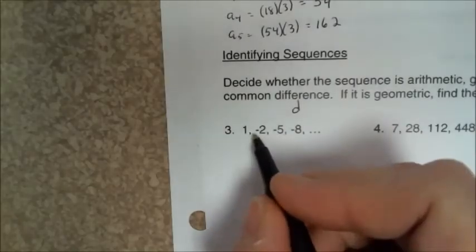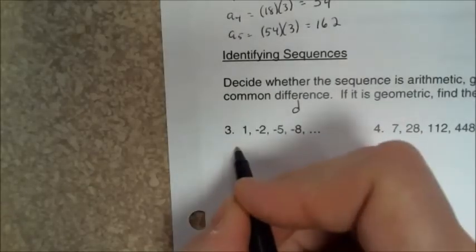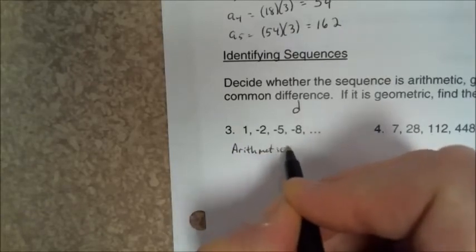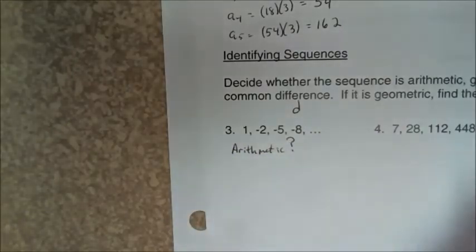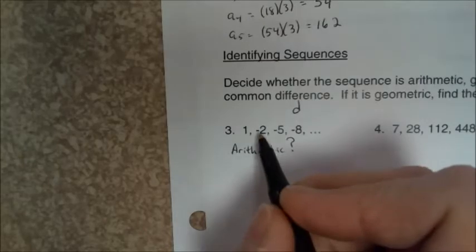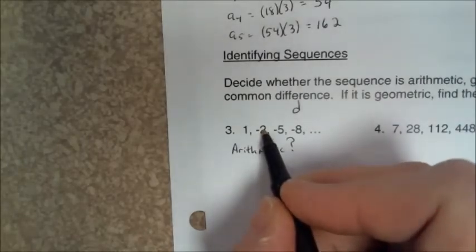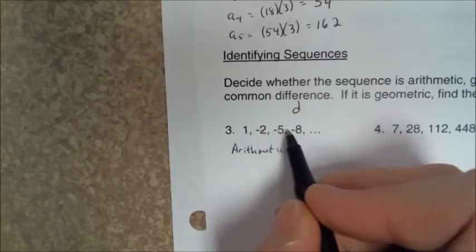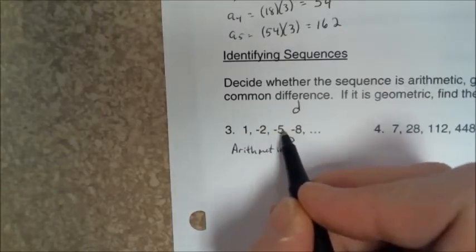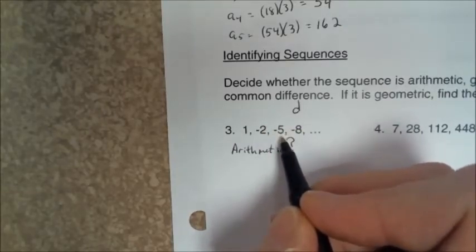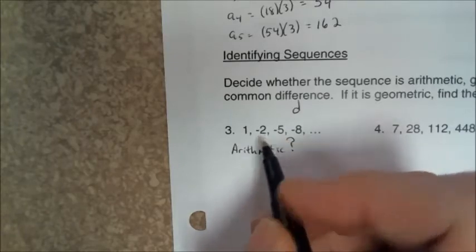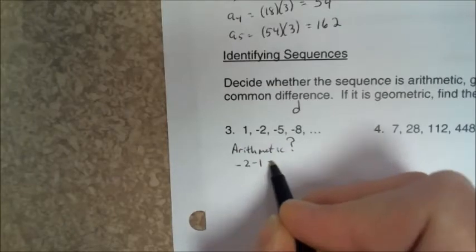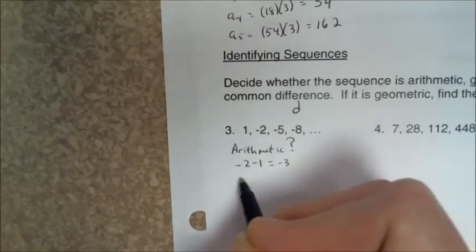Okay, so first one. Is it arithmetic? I wonder. Well, if it's arithmetic, then when you subtract the second minus the first, the third minus the second, the fourth minus the third, you have a common difference. Let's see. Negative 2 minus 1 is equal to negative 3.